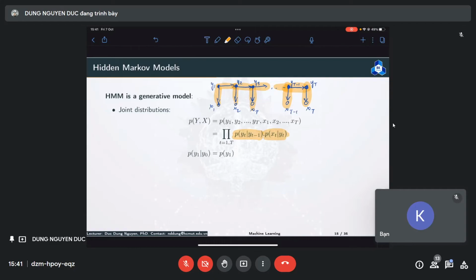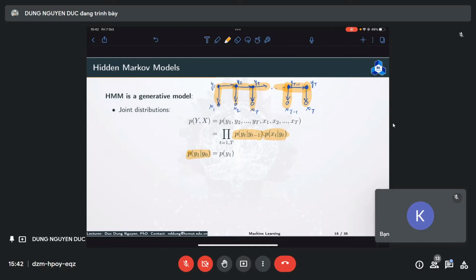And this is why we say graphical model is very useful in a lot of problems in machine learning in general. And hidden Markov model is one particular application of that. And the probability of transition to y1 given y0, you don't know what is y0, but that is the starting point, right?